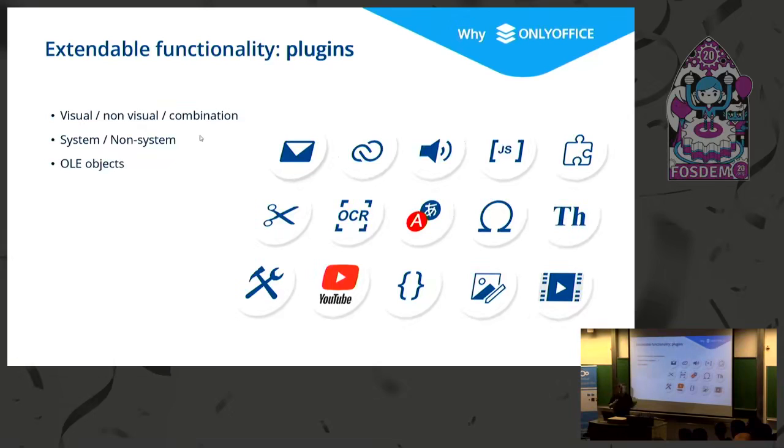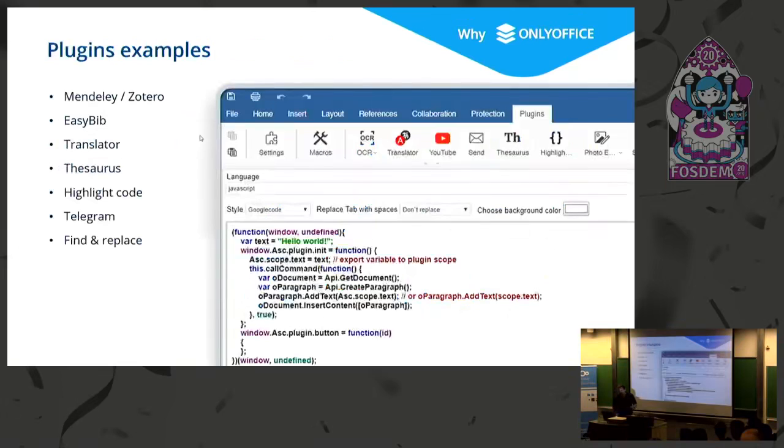We do have system plugins that just work in the background. We have non-system plugins that can be started by clicking on a button. And of course, we have OLE objects that allow you to insert some information into the document itself.